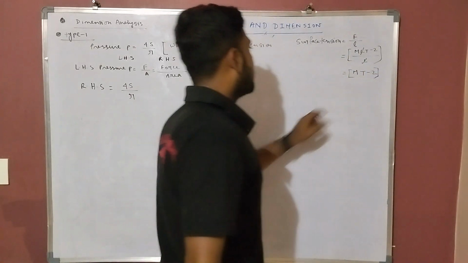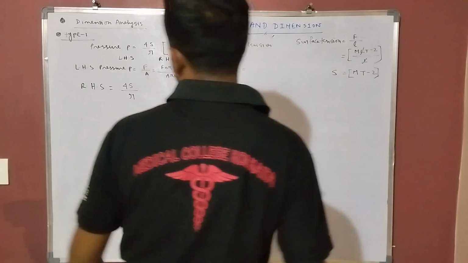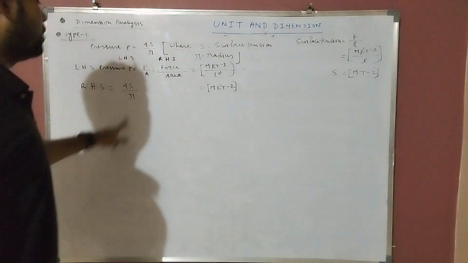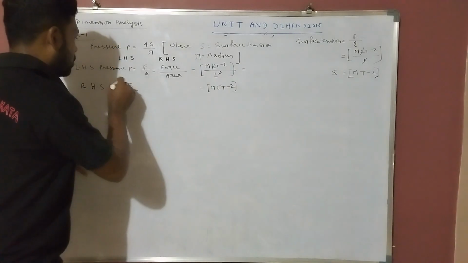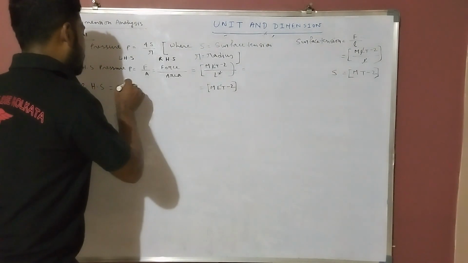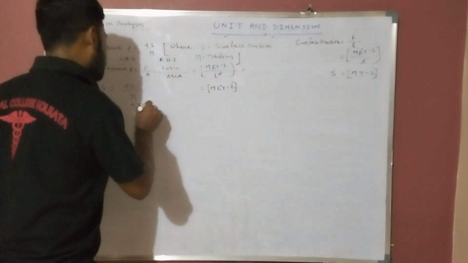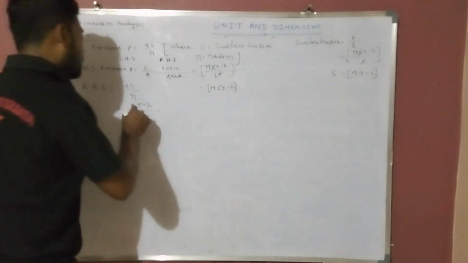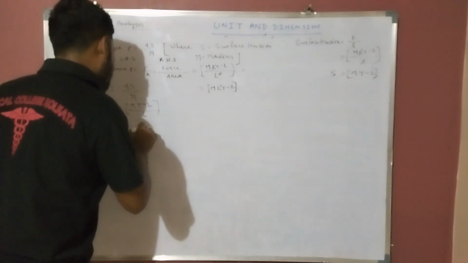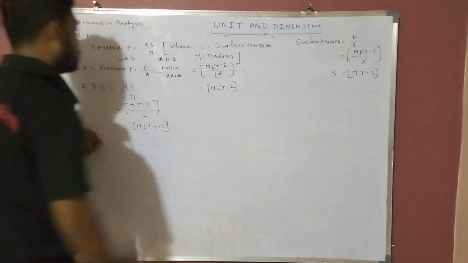This is the dimension of surface tension S. And R, radius, has the dimension of length. So 4 is a constant, so you can remove it. Dimension of S is MT to the power minus 2. Dimension of R is only L. So ML to the power minus 1 T to the power minus 2.